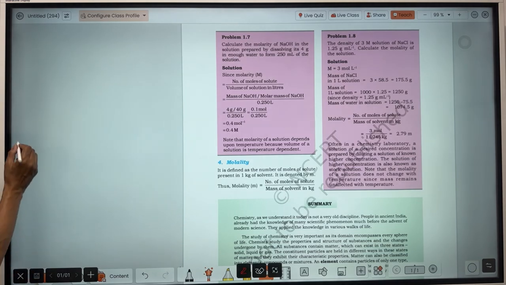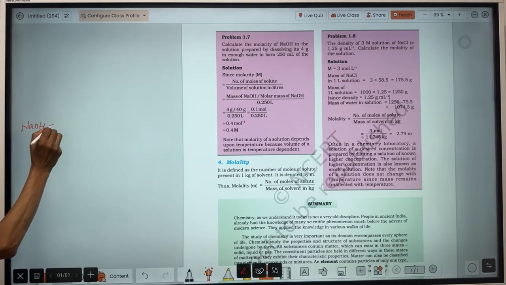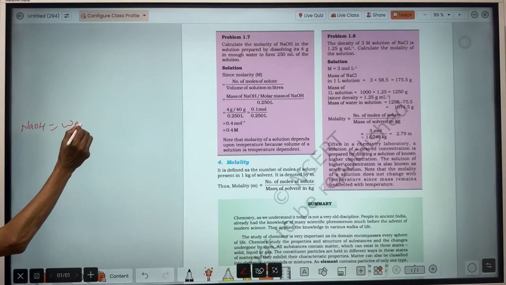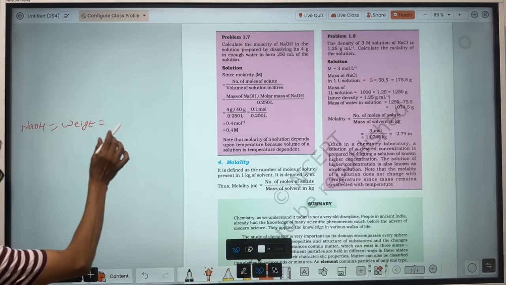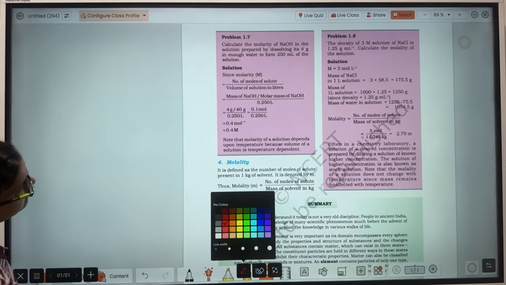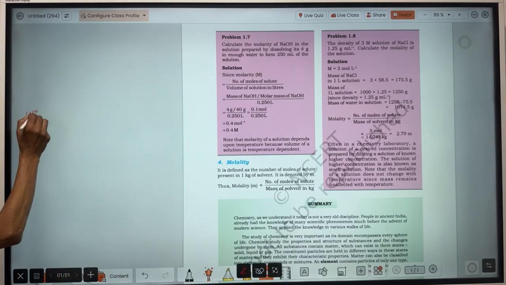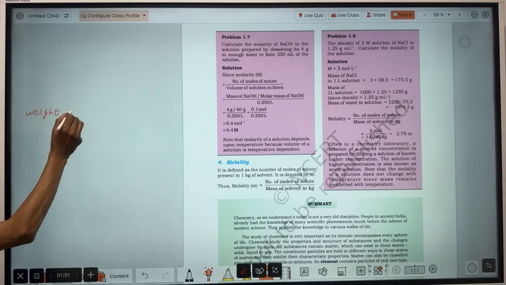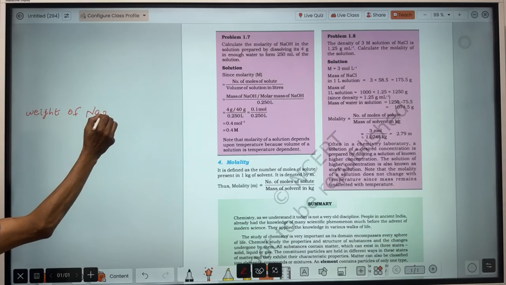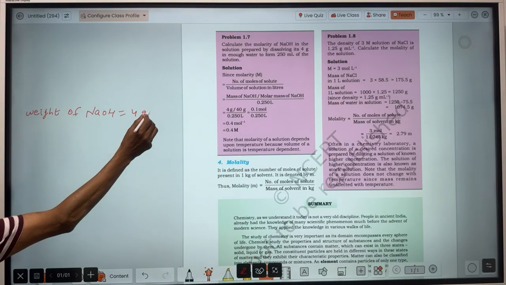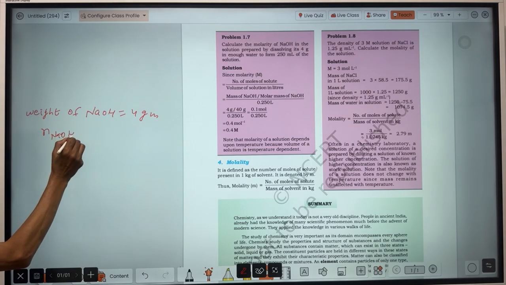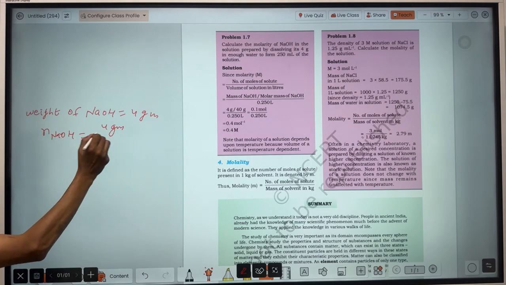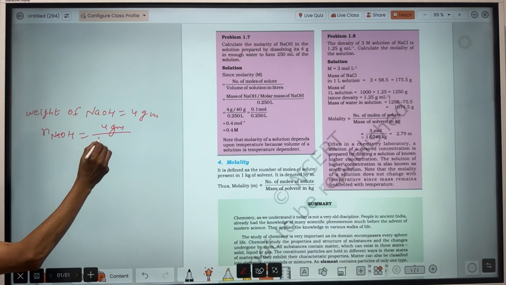The weight of NaOH given here is 4 gram. So the number of moles of NaOH will be 4 gram upon the molecular weight of NaOH.